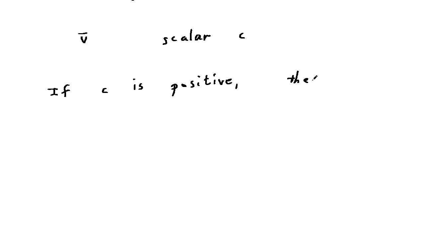If we multiply a vector v by a scalar c, the length of the vector changes. If c is positive, then the resulting vector c times v will point in the same direction as v.